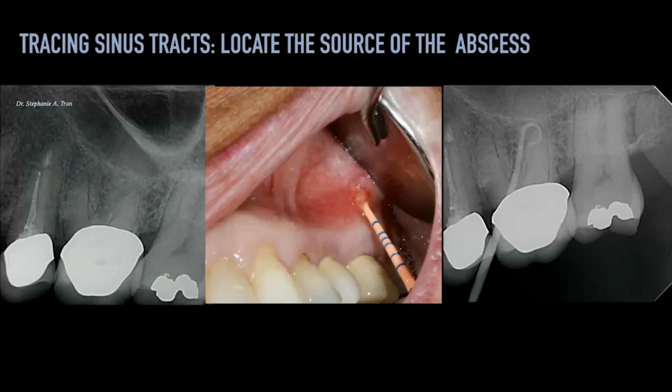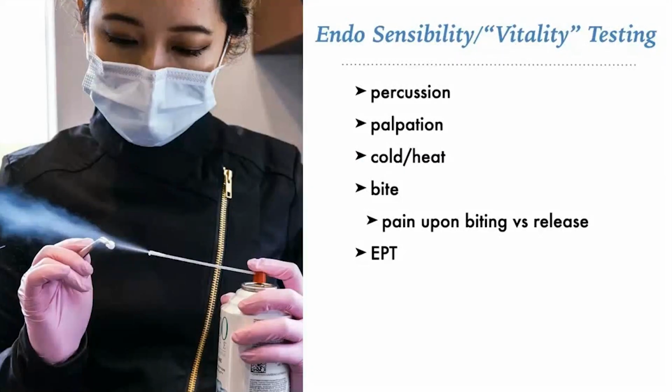If there's a sinus tract, we often want to trace it. So if we see that there's a fistula or sinus tract clinically, we want to place a piece of gutta percha, which is radiopaque, into the sinus tract, and that way we can trace its origins. And then we, of course, want to do endodontic diagnostic testing. That is a key feature of any kind of diagnosis, especially in conjunction with CBCT findings.